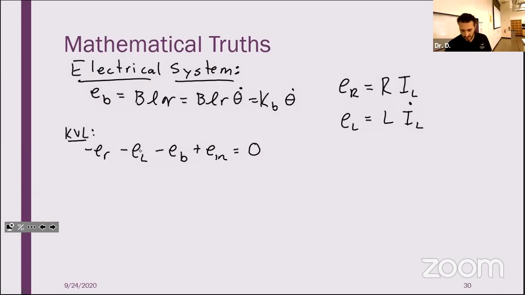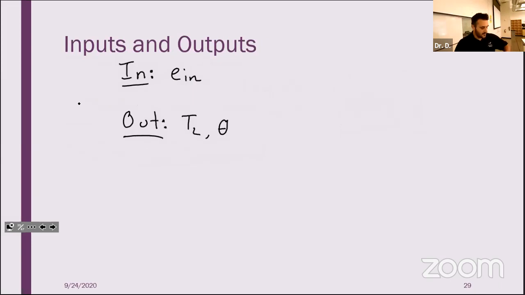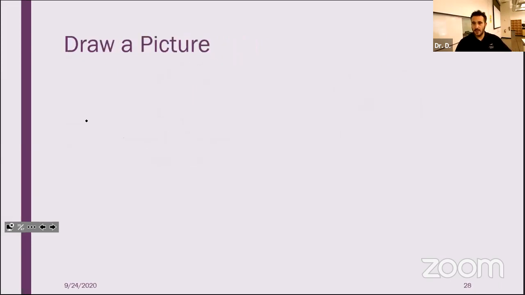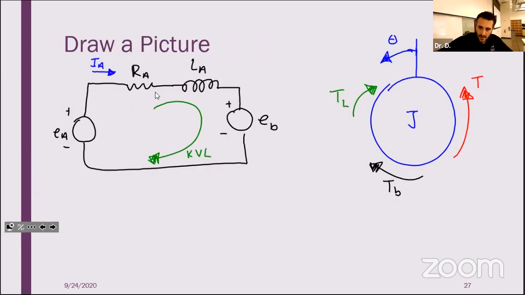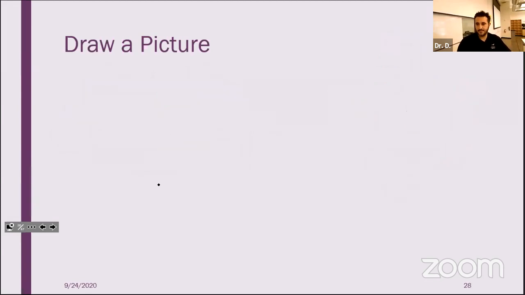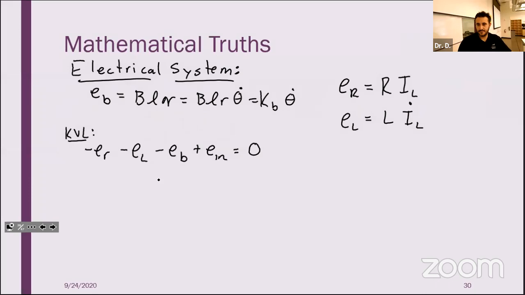Why is that the case? If I'm going around the loop this way as I've drawn, I have a voltage drop across my resistor, a voltage drop across my inductor, a voltage drop across my back EMF, and a voltage gain across my source.